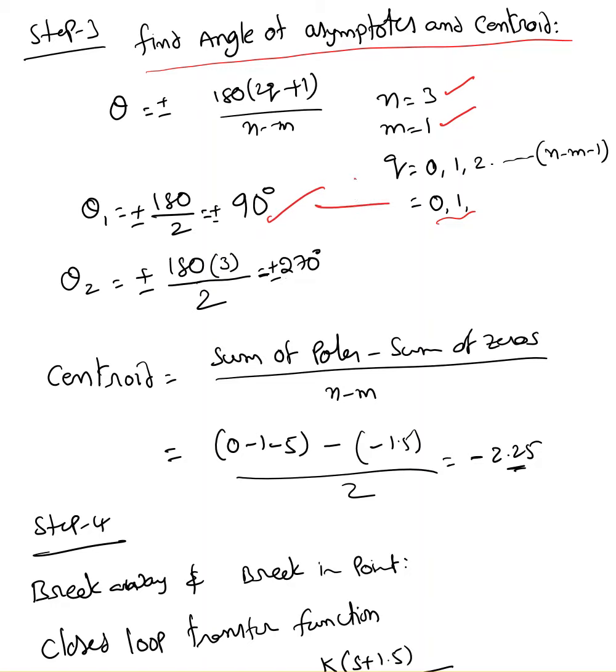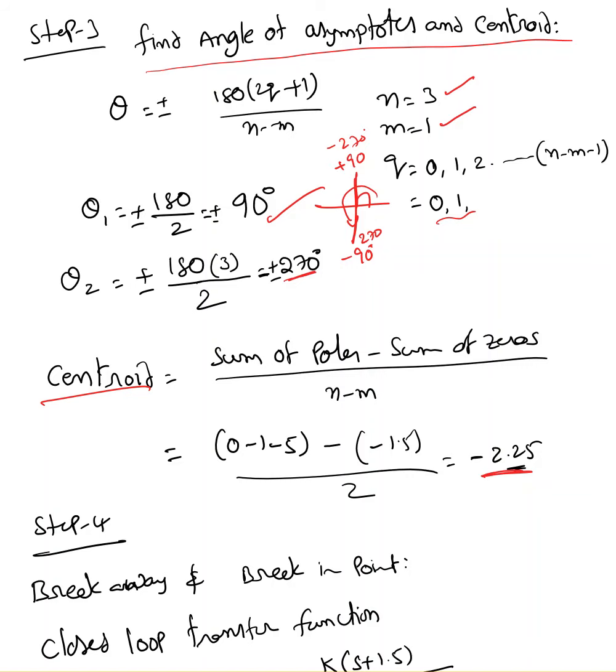So you can see this is plus 90, this is minus 90, and this is plus 270, and this is minus 270. Basically you end up with 2 lines. The centroid is the sum of poles minus the sum of zeros over n minus m: 0 minus 1 minus 5 minus (minus 1.5) over 2, so we end up with minus 2.25.